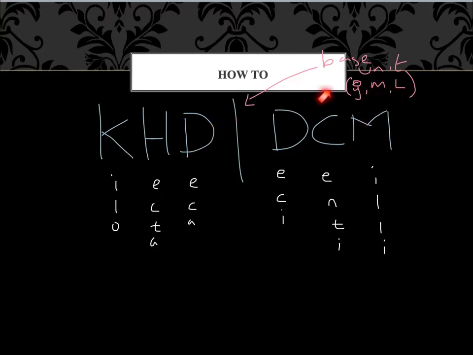That guy right there represents decagrams or decameters or decaliters. Typically the most common ones you guys are going to see are going to be kilo, centi, and milli. Rarely will you see hecta, deca, or deci. So just if you're familiar with those three and their placements, you're good. Kilo would be the highest. That would be whatever times the base unit times 1,000. And milli would be the smallest. That would be times 0.001.